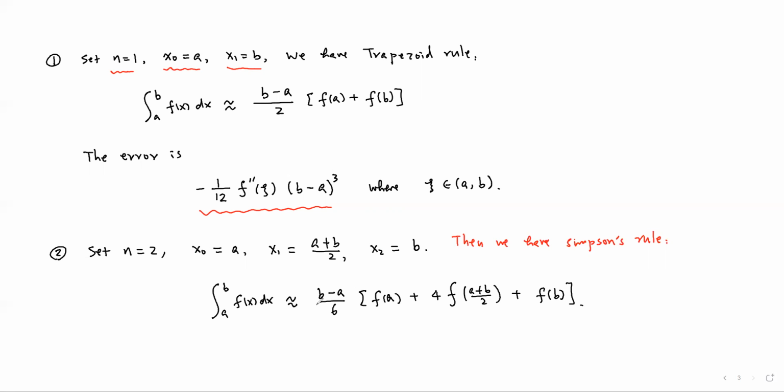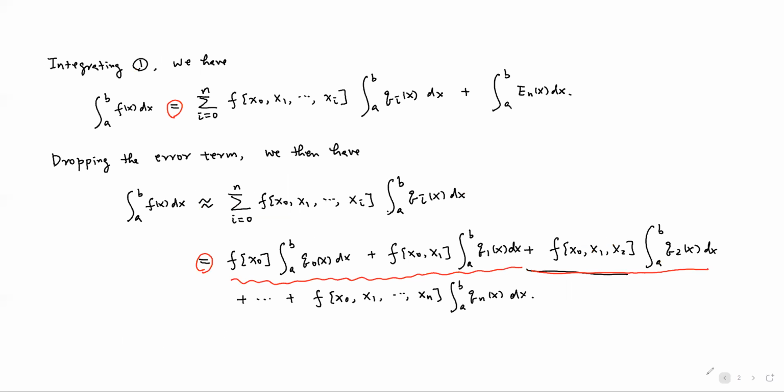For the error term of Simpson's rule, we compute the error. Now n is 2, so this is the error term.